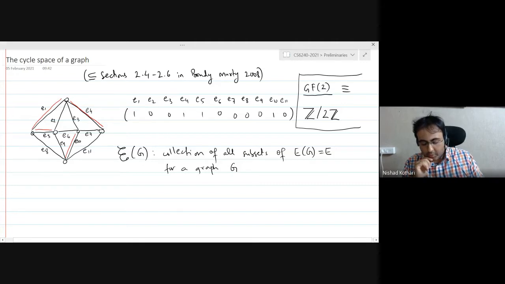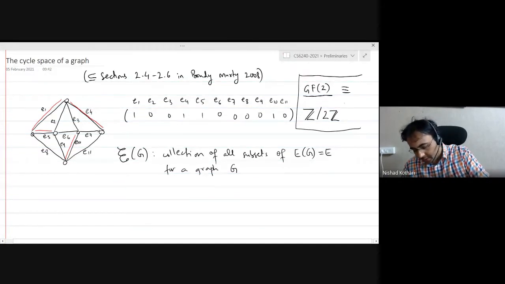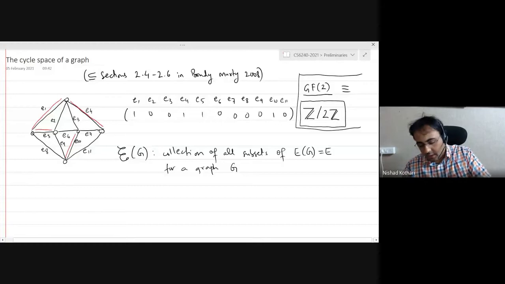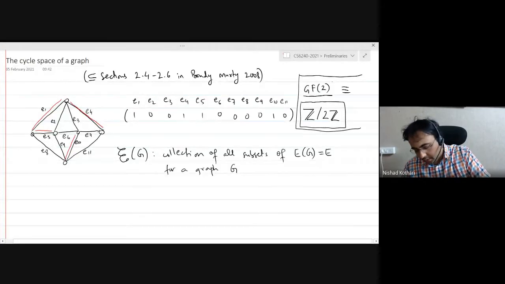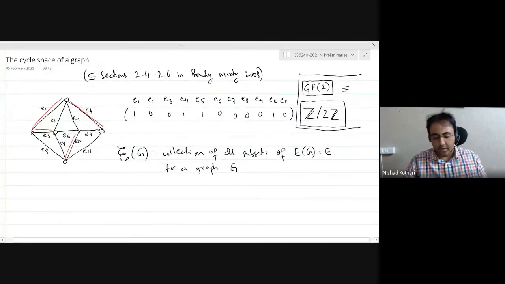So in particular, we'll be dealing with the group GF2, with the field GF2. And that is exactly the integers modulo 2. So you may be used to the notation Z by 2Z, however you call it. But I'll stick to Bondy and Murty and use GF2 instead. So it's exactly the integers modulo 2.